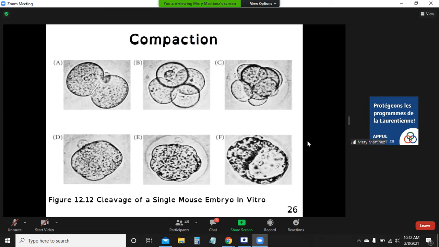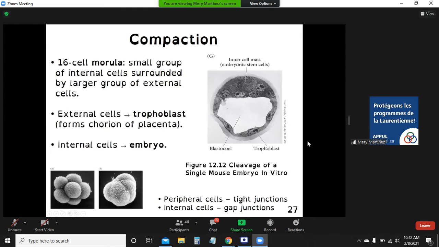So the morula consists now of 2 groups of cells. We have internal cells and we have external cells. And here we go again. So this is our morula with the internal cells, which we're going to call the inner cell mass.